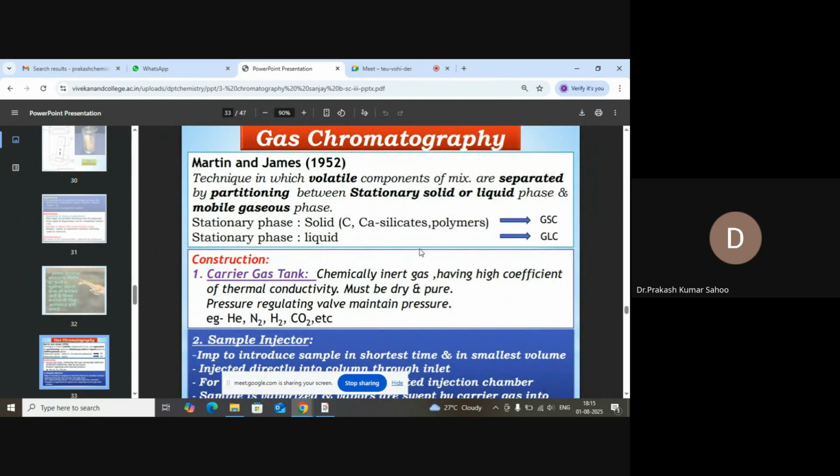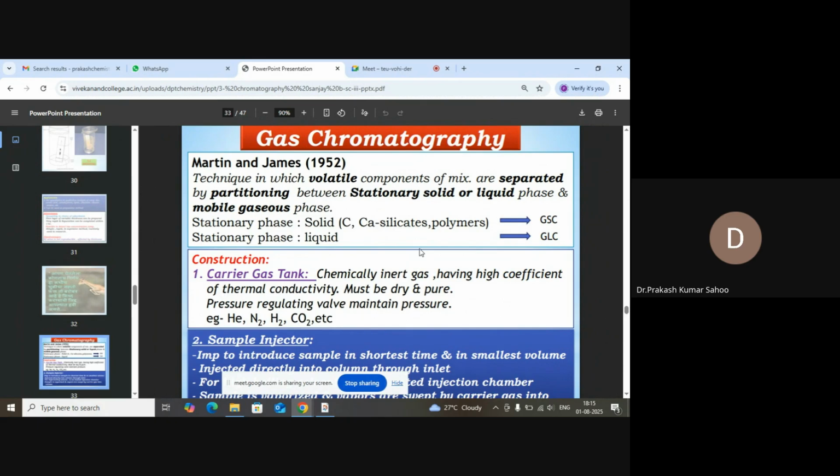So gas chromatography was discovered by Martin and James in 1952, and this is a very popular chromatographic method in which the components get separated using either a solid stationary phase or a liquid stationary phase. And here gas is always applied as the mobile phase.